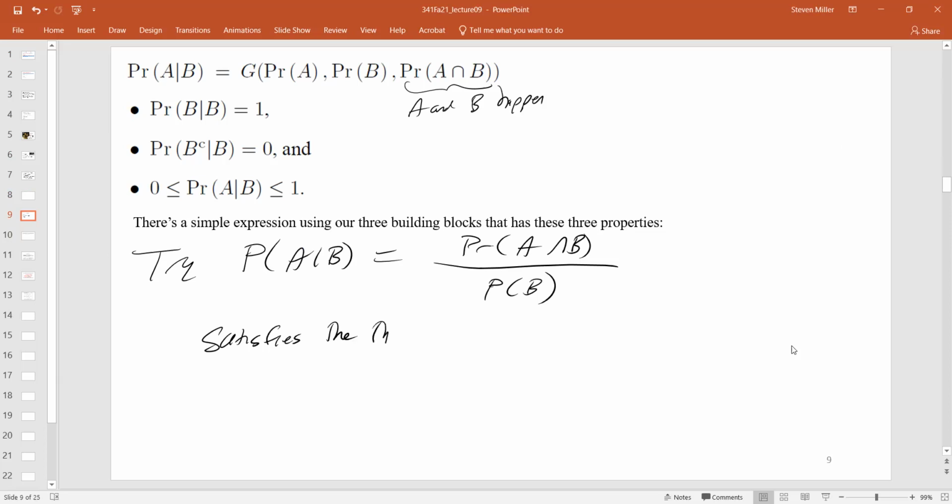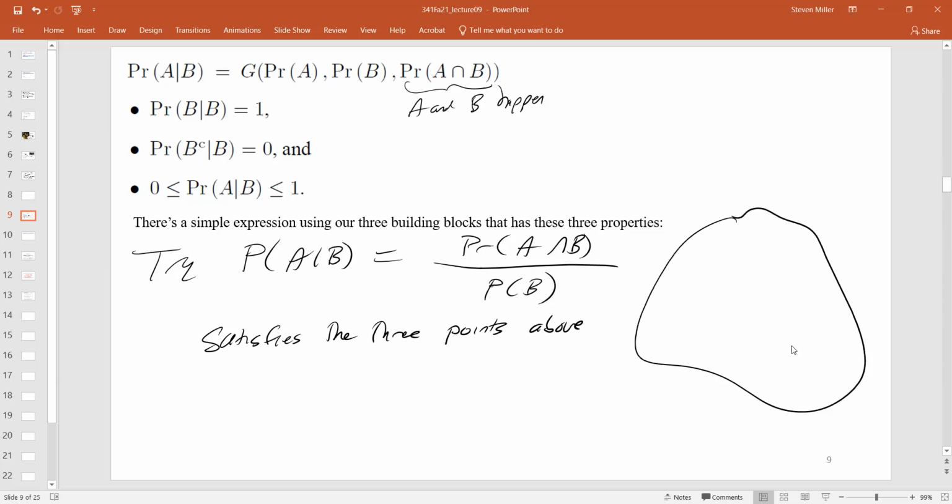Satisfies the 3 points above. If A equals B, we get 1. If A is B complement, we get 0. And the probability that A and B both happen can't be larger than the probability that B happens. And so it's going to be strictly between 0 and 1. It makes intuitive sense.